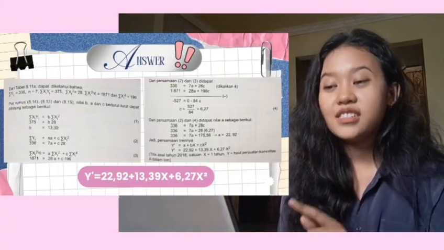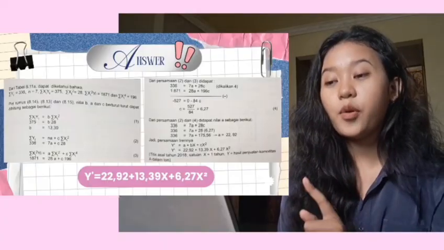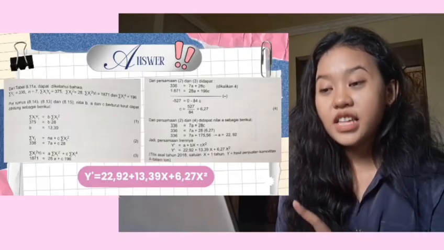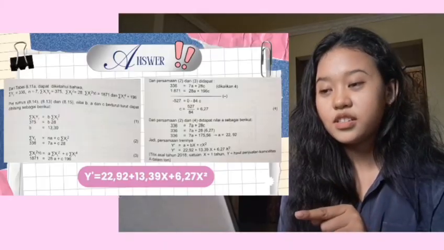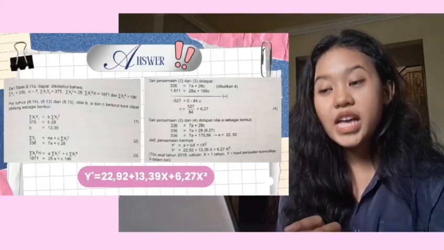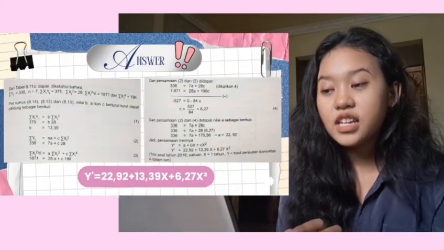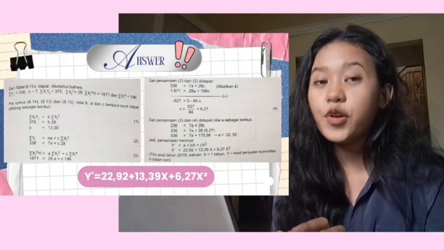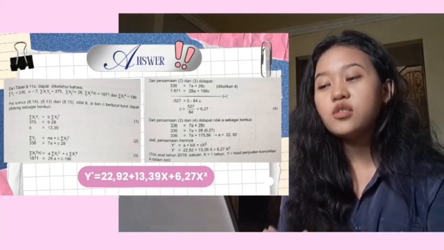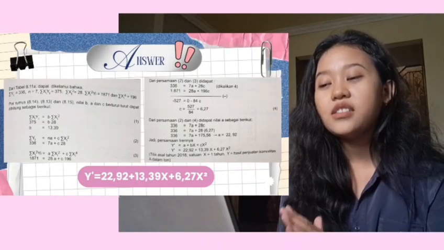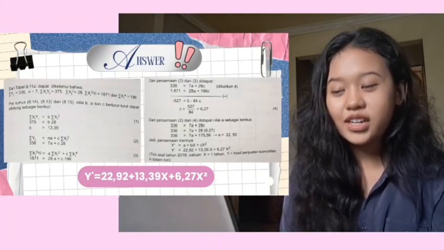So it will be like this: Y equals 22.92 plus 13.39x plus 6.27x squared, where x equals 1 year and y equals the sales. So here is the answer for A. The parabolic trend equation is y equals 22.92 plus 13.39x plus 6.27x squared.